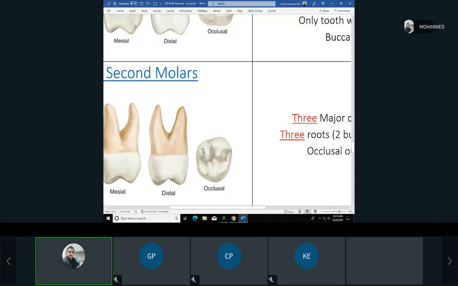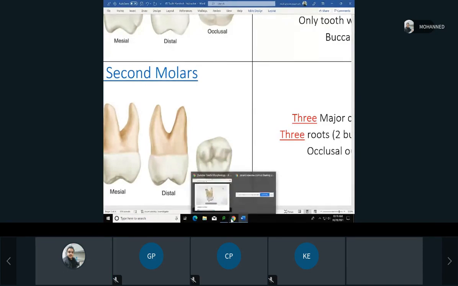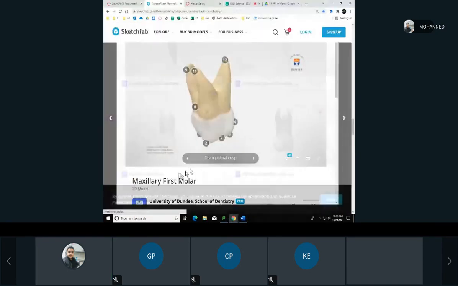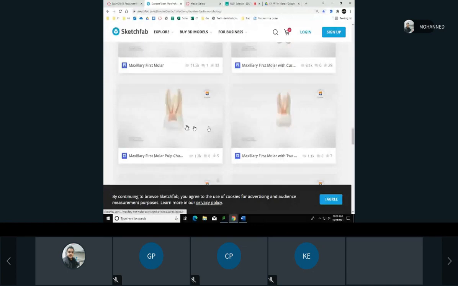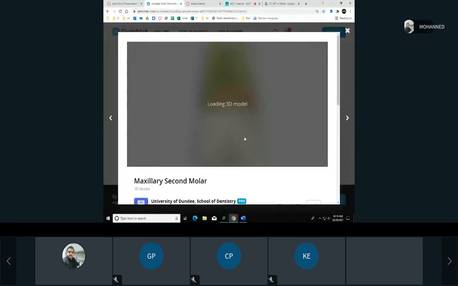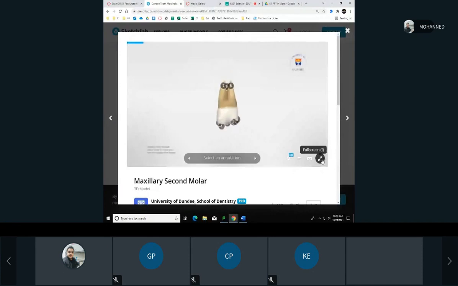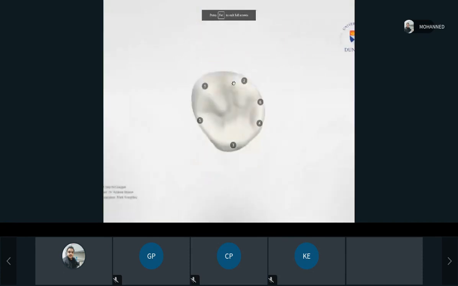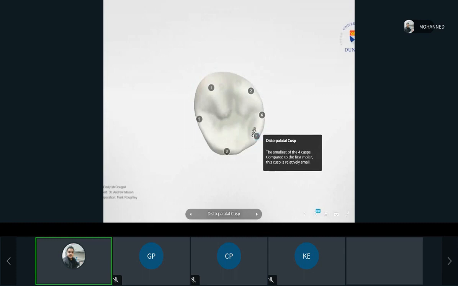You can see the cusps, the major ones, and this is the distolingual cusp that is minor, that is really small cusp. That is the smaller one, right?